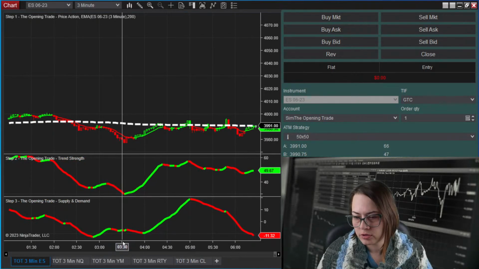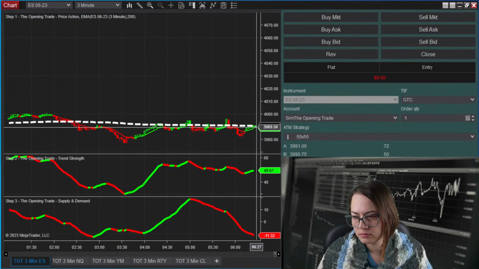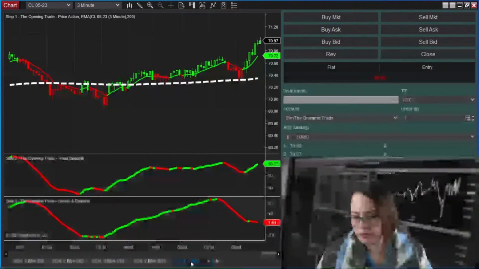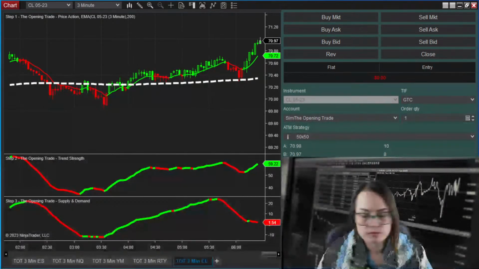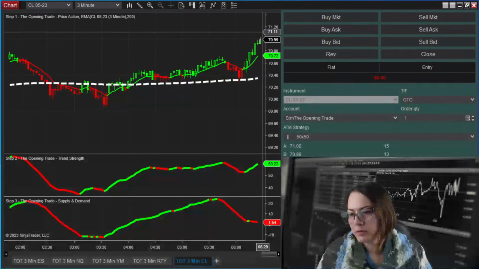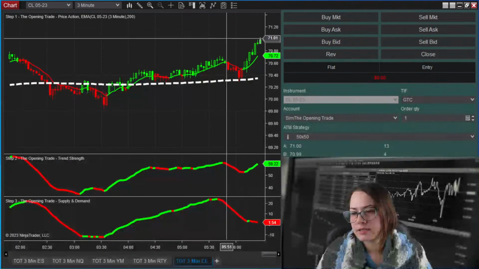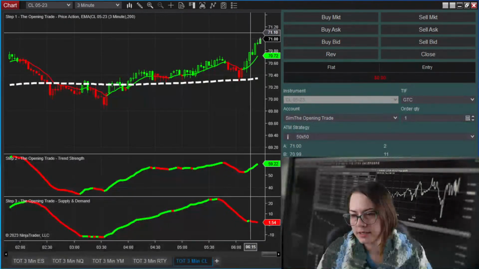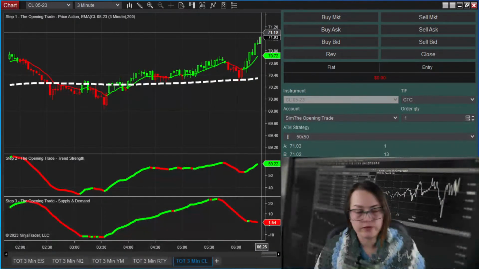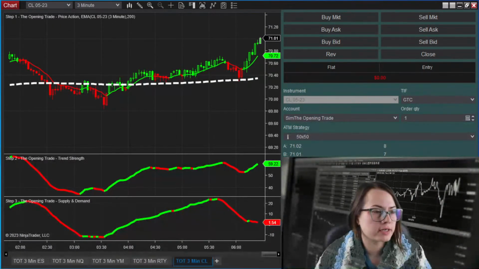So it just makes the chart easier to land on candles. All right, so the crude oil. Once it gets as far above the 200 period EMA as it's going to see, then hopefully we'll see an indicator to take a manual trade.